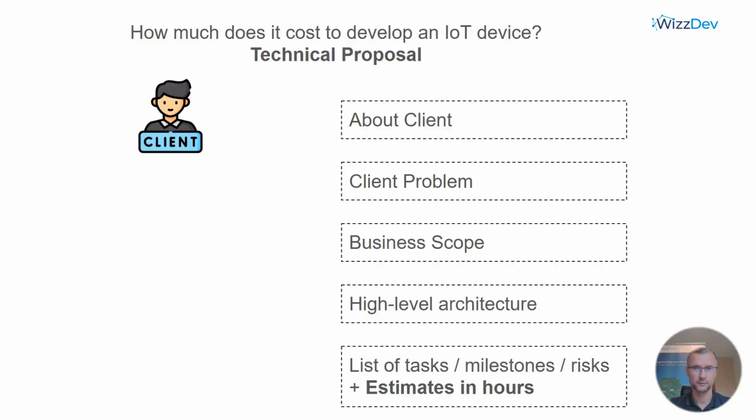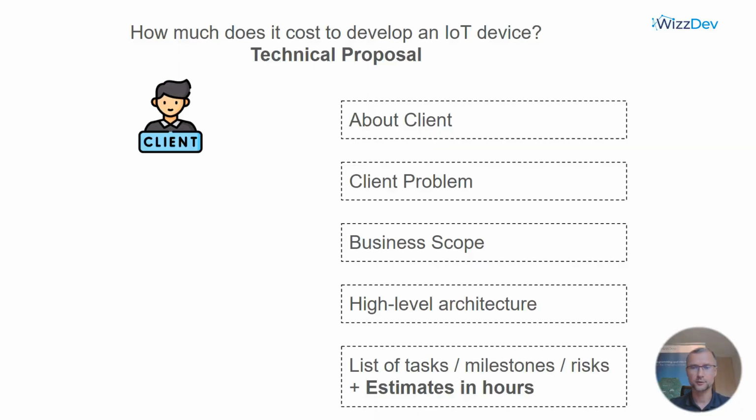What does it include? Yeah, so we always start with the client: what the client is about, what your company is doing, and then we move to the problem that you're trying to solve. That includes both the problem that your product solves on the market, but also specifically what you need us to help with.